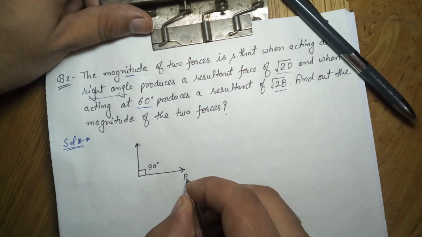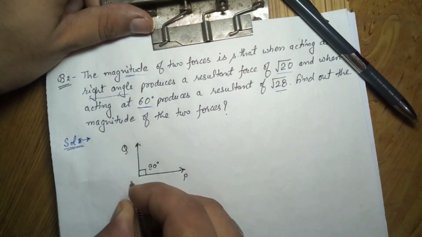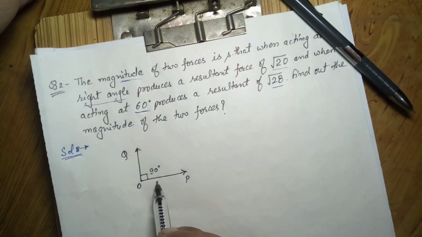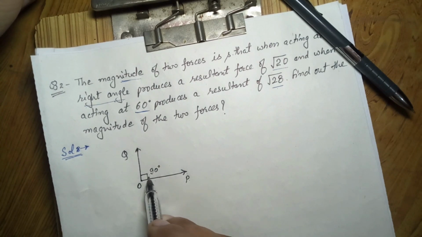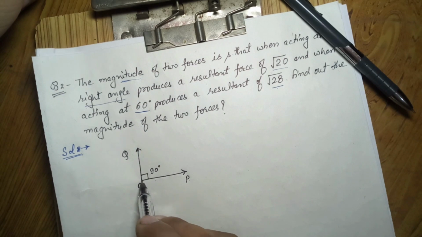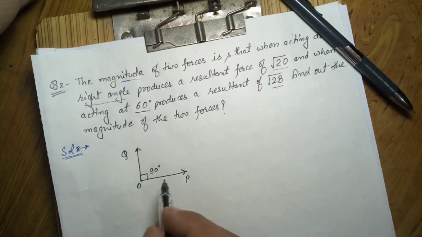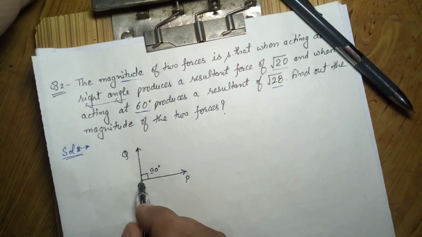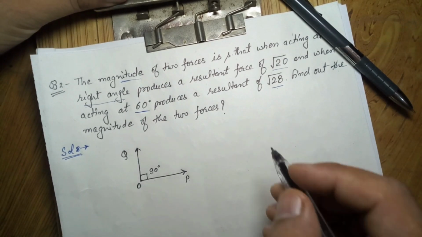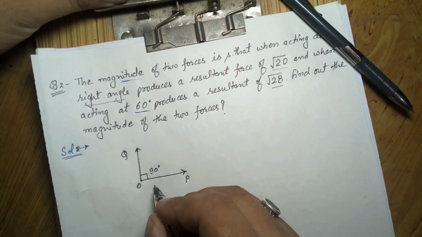Now we assume that this is force P and this is force Q. P is going in this direction, Q is going in this direction, having an angle of 90 degrees between them, and we can say these are coplanar concurrent forces, because the lines of action of these two forces join at point O. This is the first case.